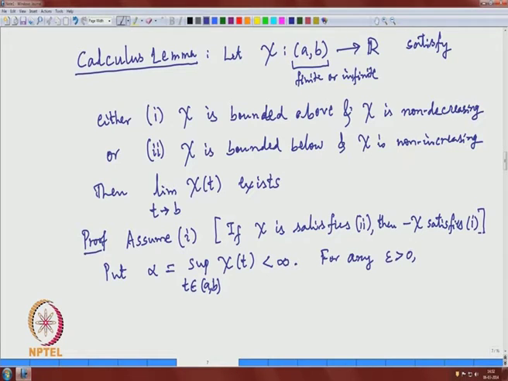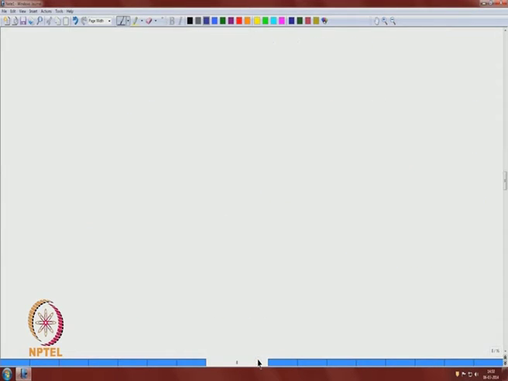So, for any epsilon there exists t0 in the interval (a, b) such that alpha minus epsilon, this is no more supremum, so this should be less than chi(t0). Okay. And now, we use the second hypothesis.